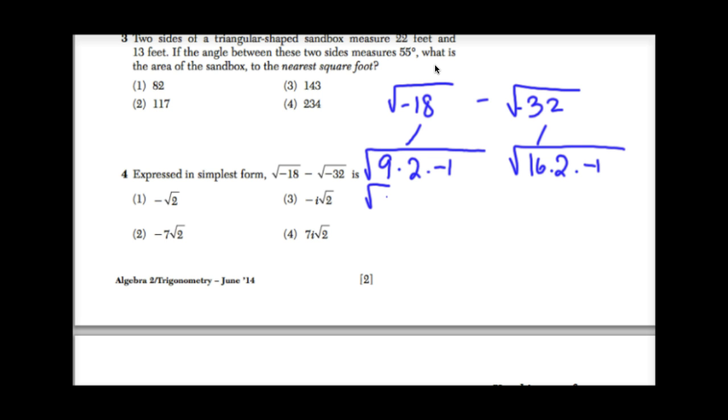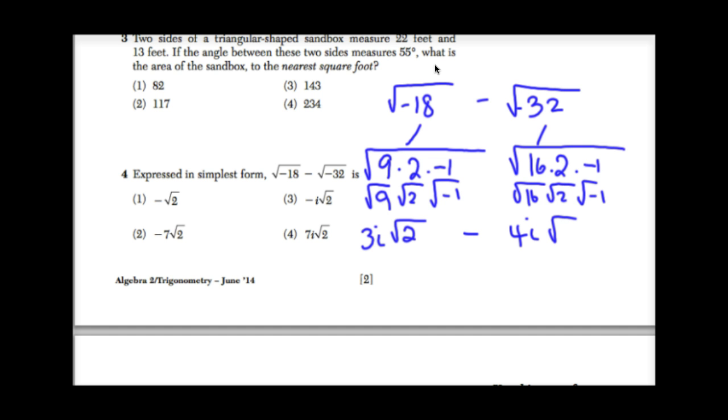If I give everyone their own radical, this becomes 3i radical 2, take away 4i radical 2.